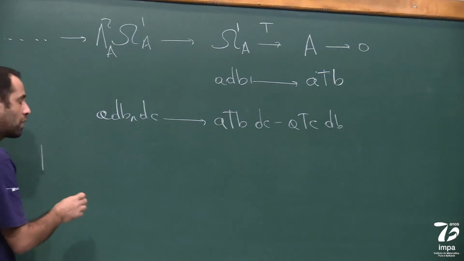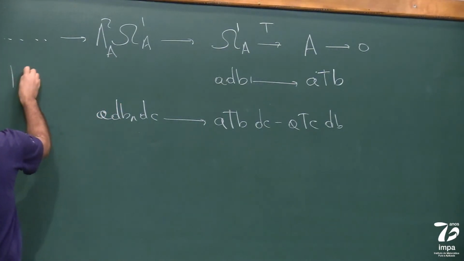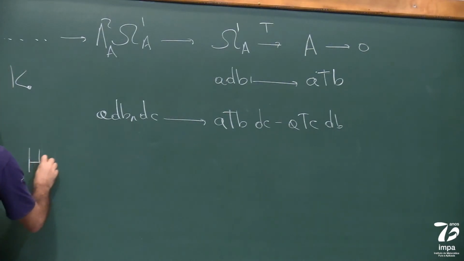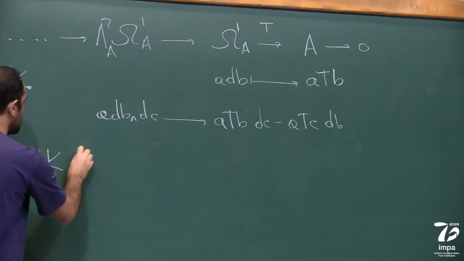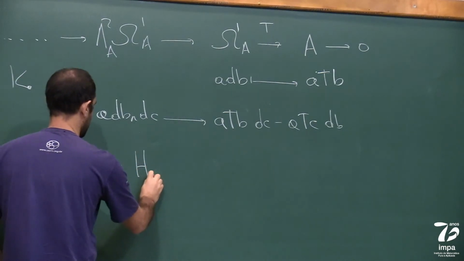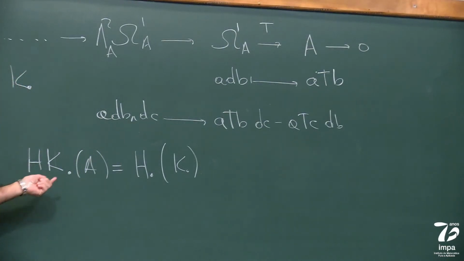This is a Koszul complex. So I'll call this complex K dot of A, and I'll call its homology HK dot of A. So this is the Koszul homology. So we immediately see something.